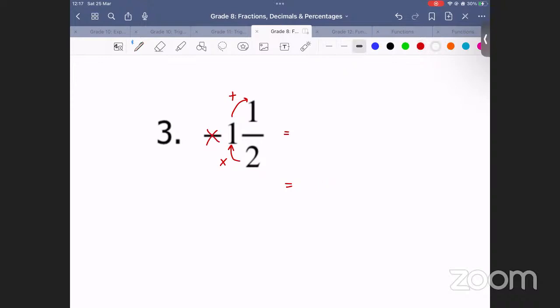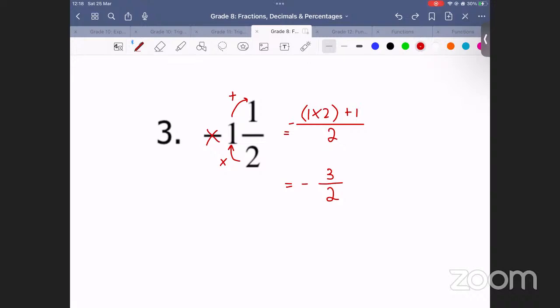So basically what I mean by that is you're going to say 1 times 2, plus 1 divided by 2, and you just keep a negative before the fraction. So it's negative 1 times 2 is 2 plus 1 is 3 over 2. So you just keep that negative there. Keep the negative sign the same. Okay. Hope that makes sense.